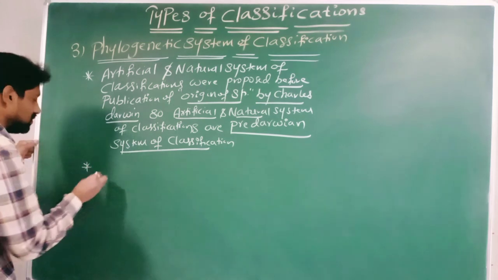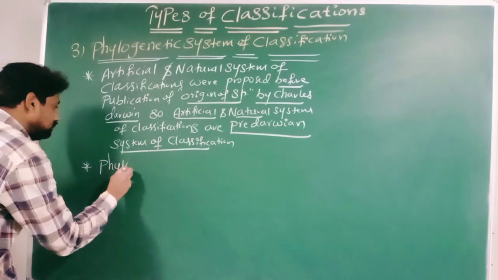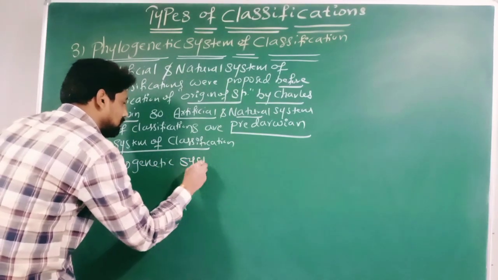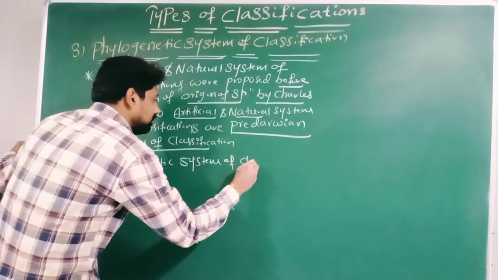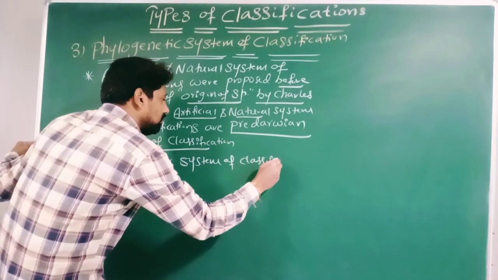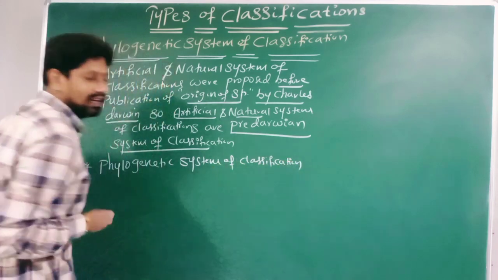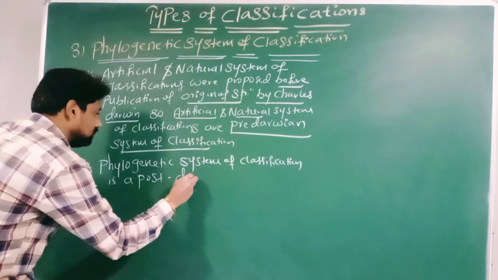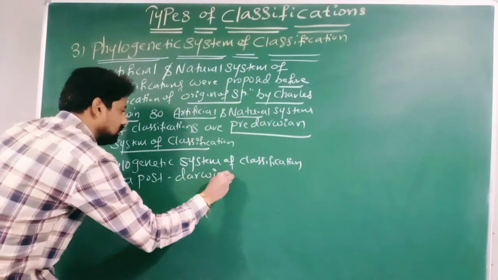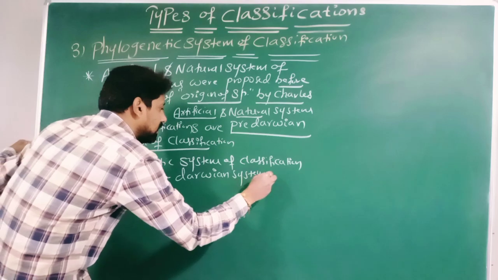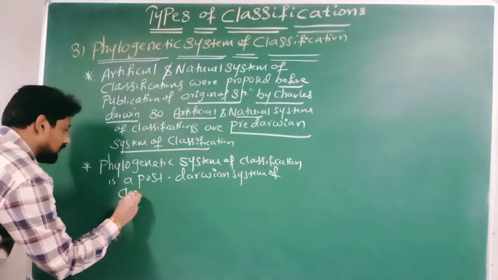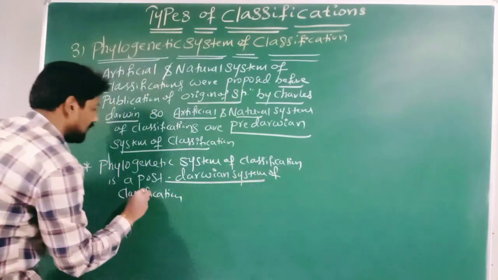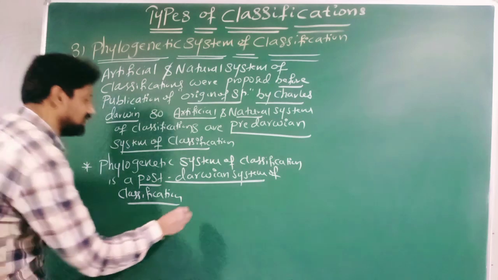Let us go for phylogenetic system of classification. What is it, sir? Phylogenetic system of classification is a post-Darwinian system of classification. Why is it called a post-Darwinian system of classification?